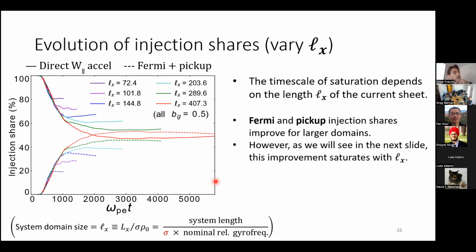Whereas for direct acceleration, because it relies on a transient thing, like maybe the initial reconnection current sheet, where most of that happens, for larger domains that becomes diminished.